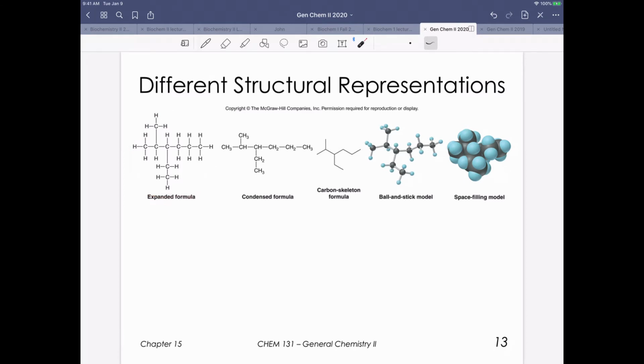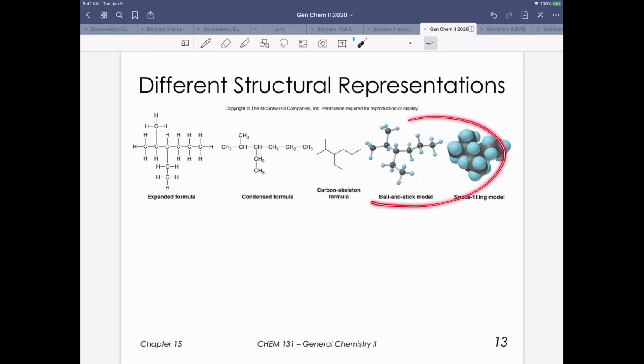Okay, so you're going to see problems on your test that are going to ask you to do some drawing, but you're also going to be able to just answer questions where maybe I'll point to a specific atom, like that carbon, and I'll say, how many hydrogens are on that carbon? And you'd have to mentally work backwards to this condensed structure and then this expanded structure to say, okay, there are 3 hydrogen atoms bonded to that carbon.